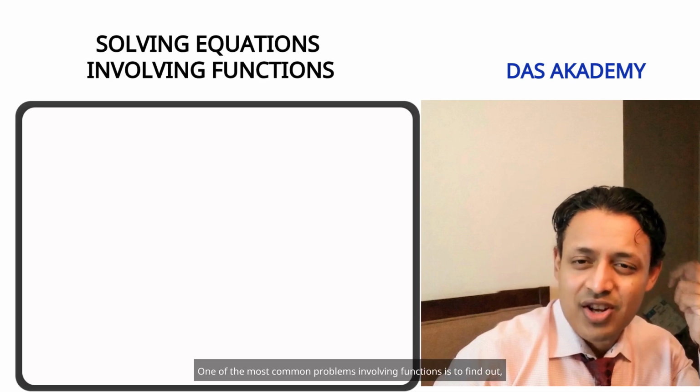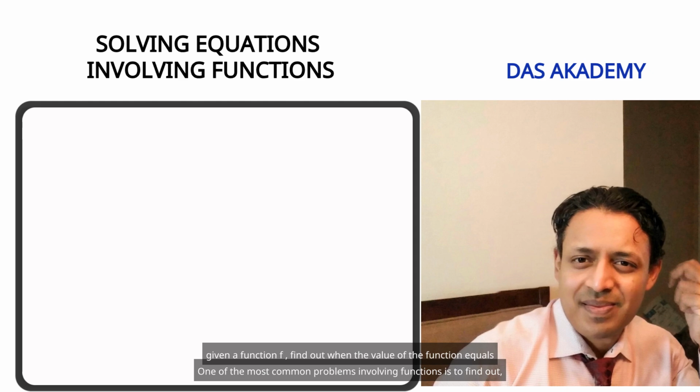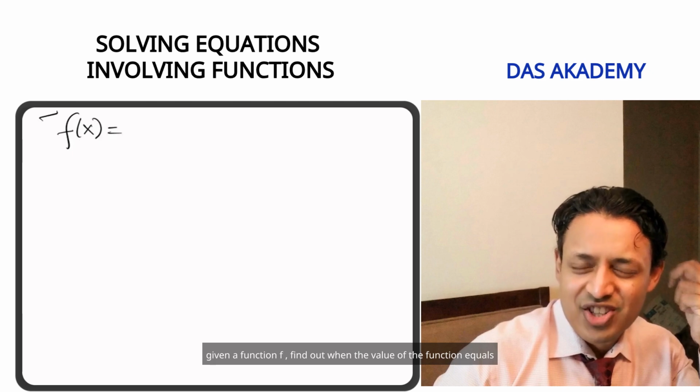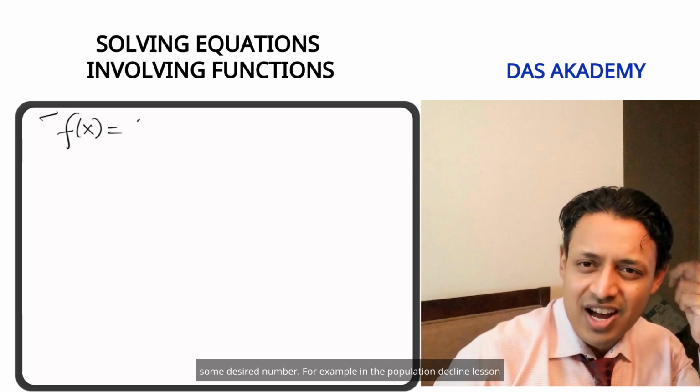One of the most common problems involving functions is to find out, given a function f of x, when the value of the function equals some desired number.